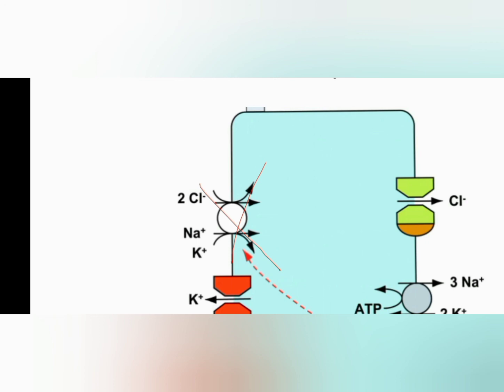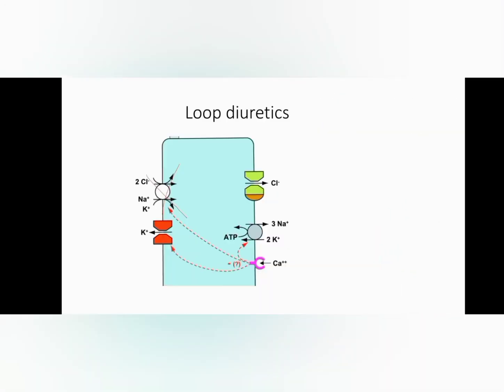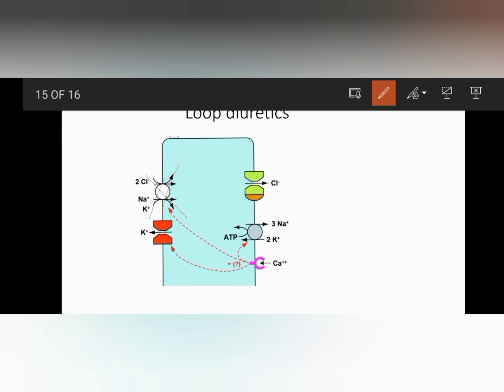If this pump is inhibited, then what will happen? Body fluids will decrease, and it will help in maintaining blood pressure, which will help in slowing the progression of chronic heart failure.